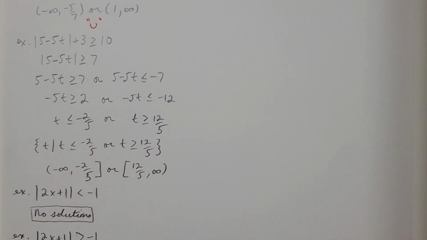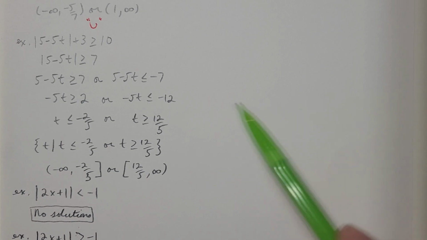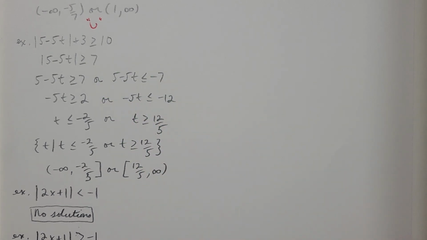Here's another example. So what if I wanted to solve the inequality given by the absolute value of 5 minus 5t, plus 3, greater than or equal to 10? Okay, so if we subtract 3 from both sides, the absolute value of 5 minus 5t is greater than or equal to 7.